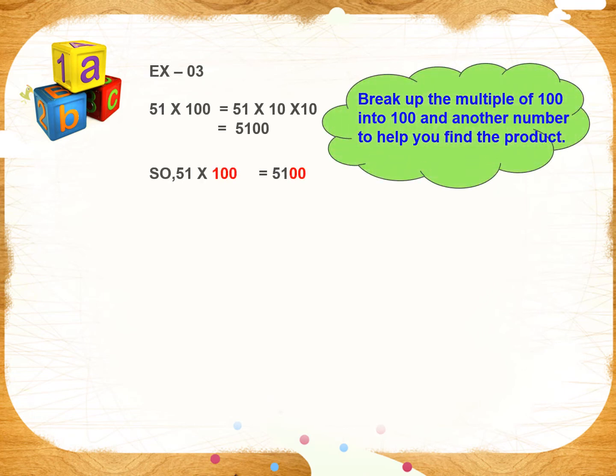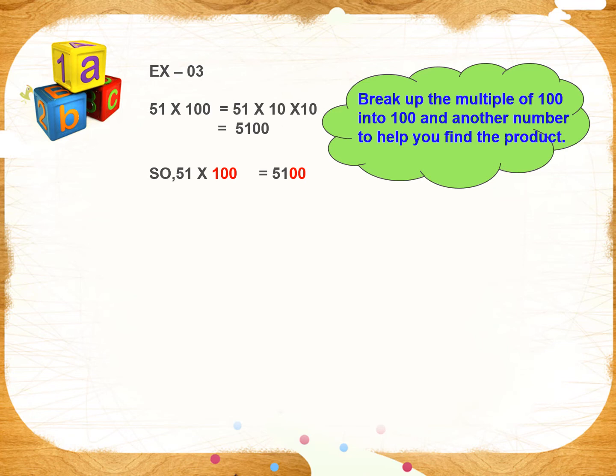Children, let's see example 3. Find the product of 51 multiplied by 100. When a whole number is multiplied by 100, the digits of the original number move 2 places to the left and we write zeros in the ones and tens places to give the product.